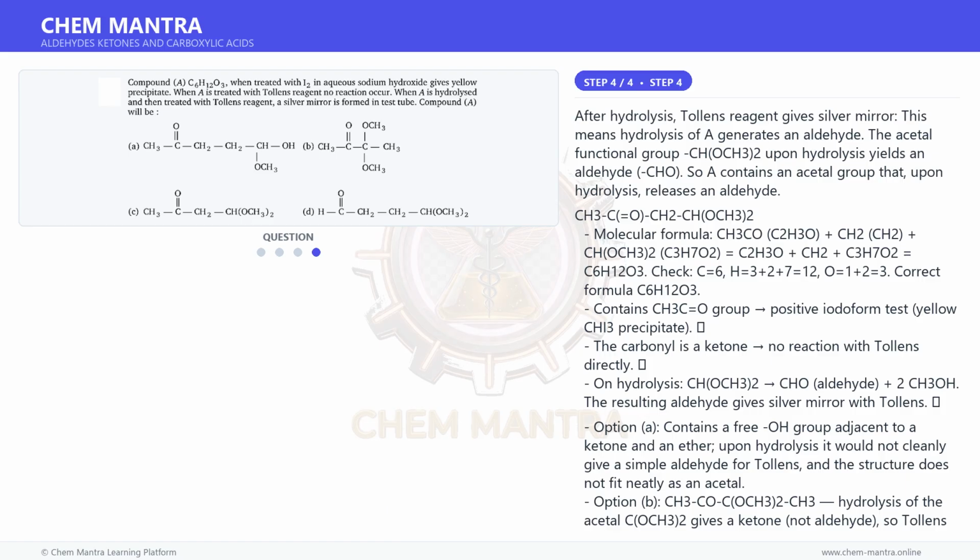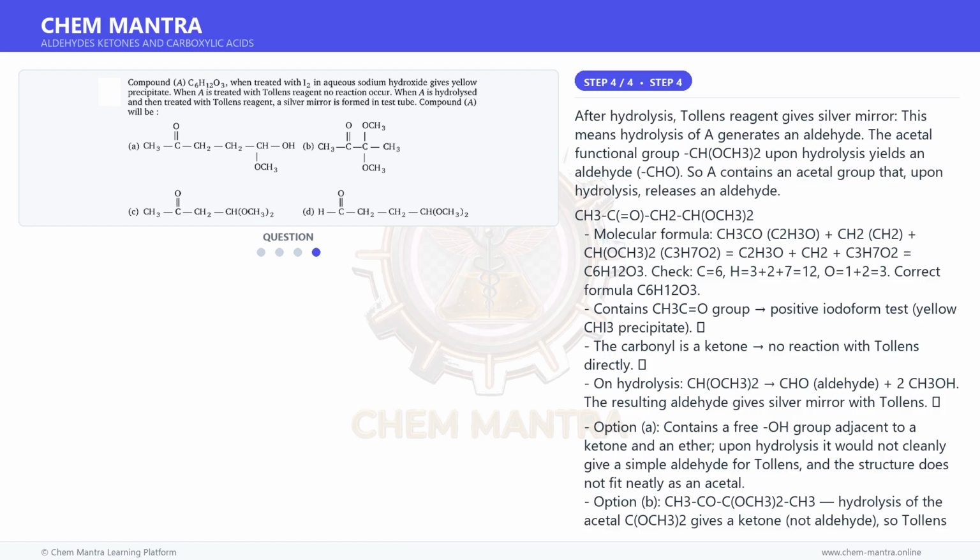Check. C is equal to 6, H is equal to 3 plus 2 plus 7 is equal to 12, O is equal to 1 plus 2 is equal to 3. Correct formula C6H12O3 contains CH3C=O group, positive iodoform test, yellow CHI3 precipitate.